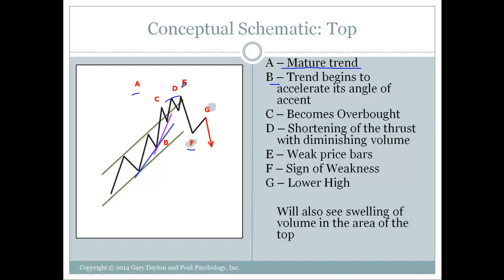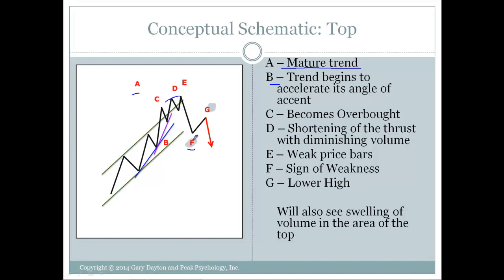And so they know that, and they begin to sell into all that buying. So there's an amplification, if you will, of the volume on the part of both buyers and sellers. But that's a key thing that we're going to see, this swelling of volume in this area.